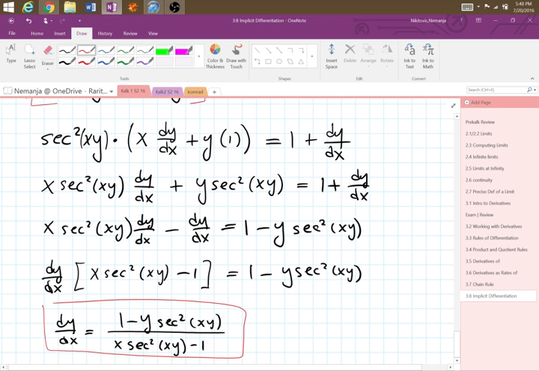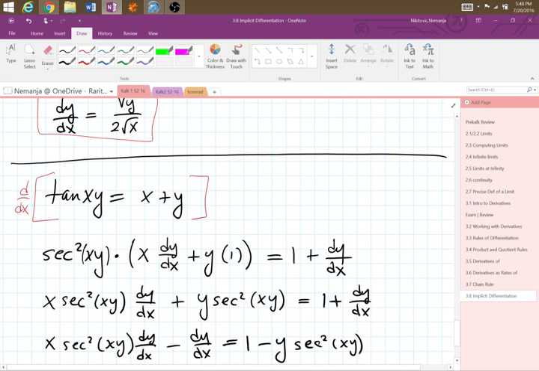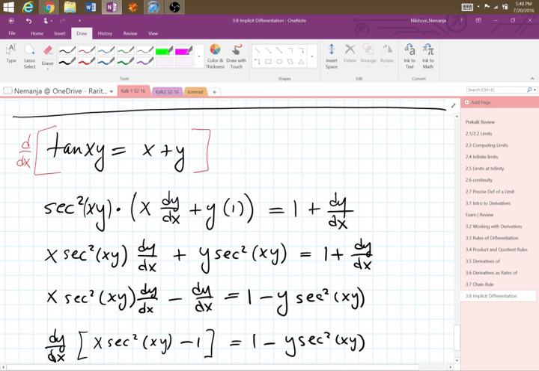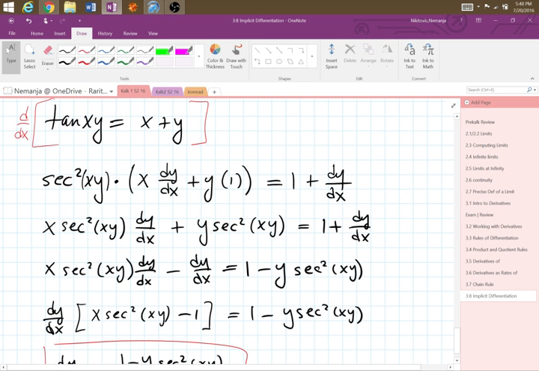Awesome. So meditate a little bit on this. Make sure you are understanding every aspect of the derivative. So this over here is the product rule embedded in tangent, which means the chain rule. And we have a y buried inside, which is implicit differentiation, which shows up there.